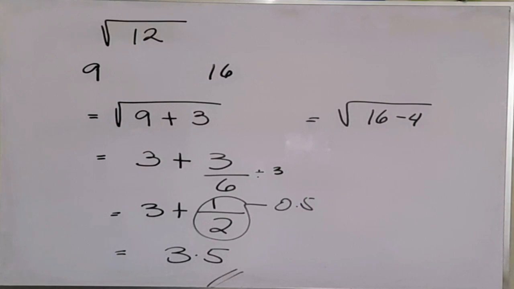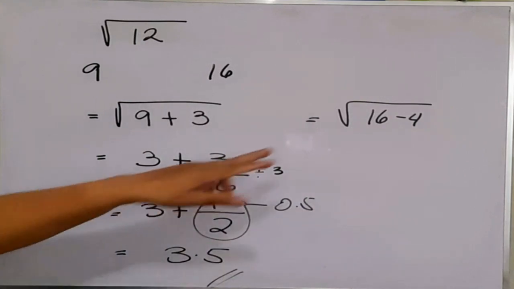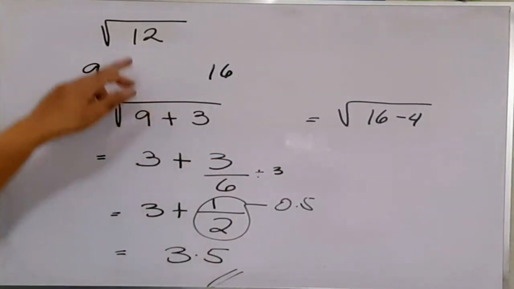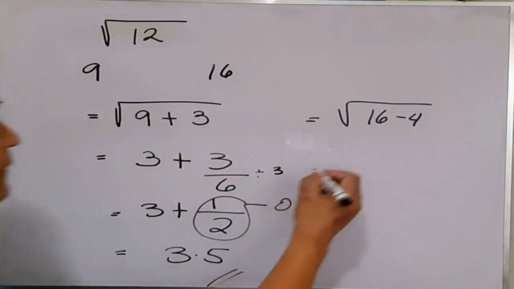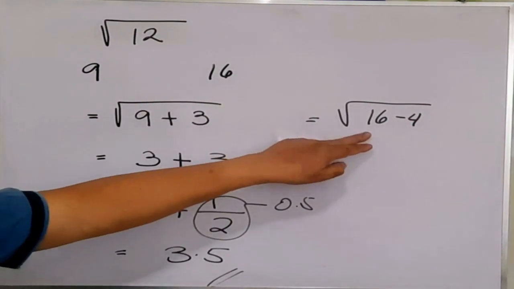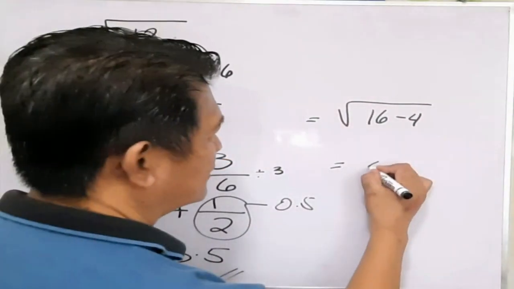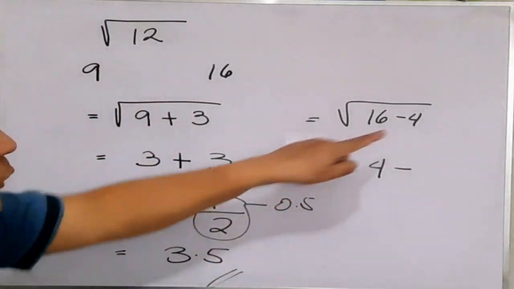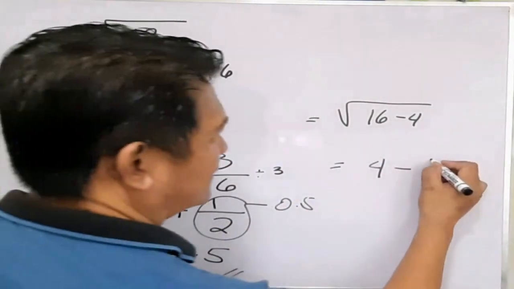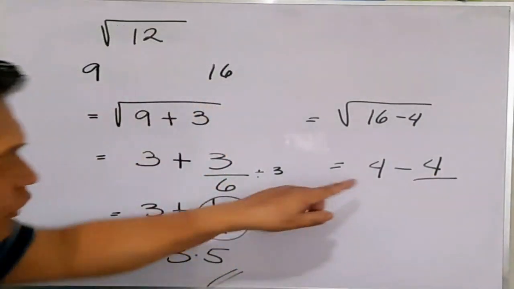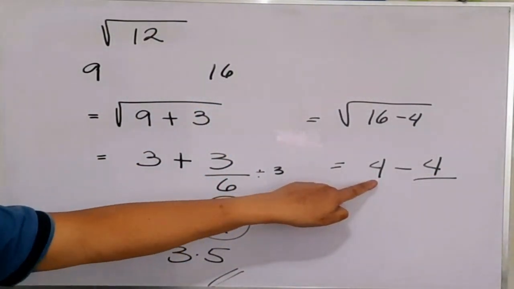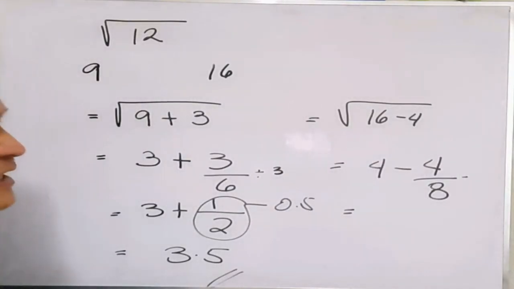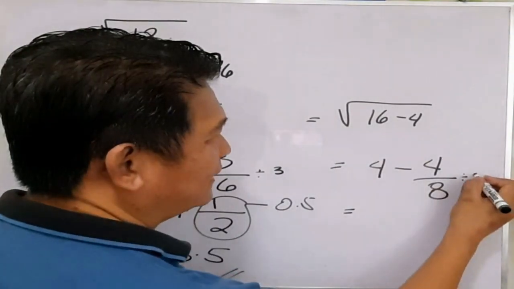Now, let's solve the second method. That is, the square root of 16 minus 4 is equal to 12. We know the square root of 16 is 4. Minus sign, and then we copy 4 and we double this. That means 4 times 2 is 8. It can be reduced to its simpler form by dividing both by 4.